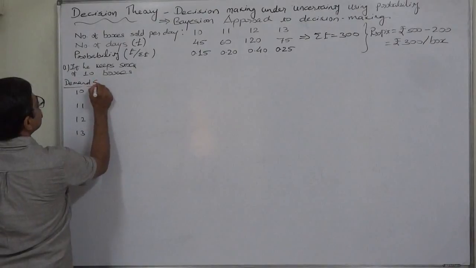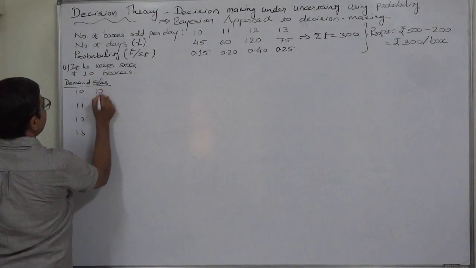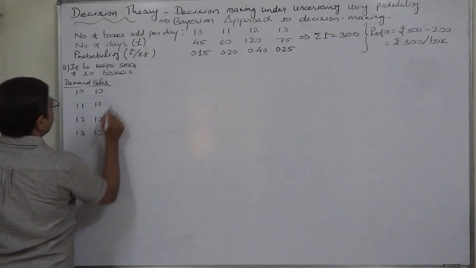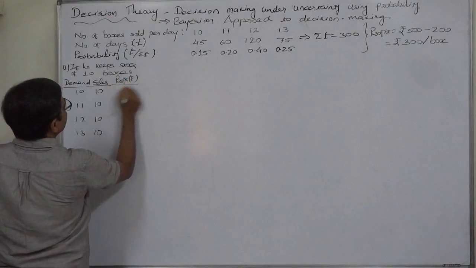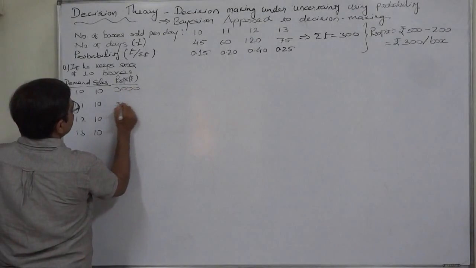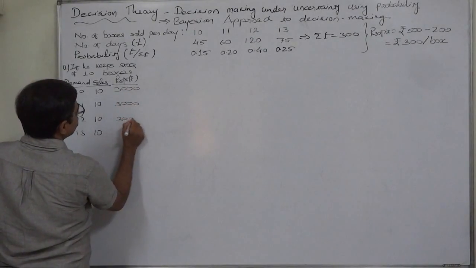So now sales will be only 10 every time, profit will be 3000 because he can sell 10 boxes only.